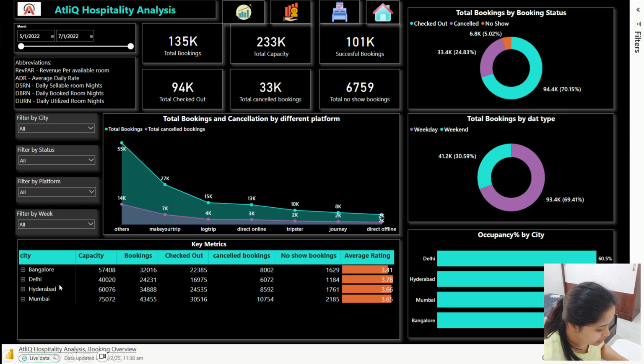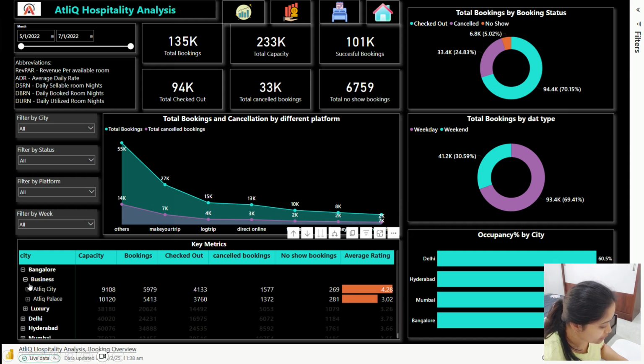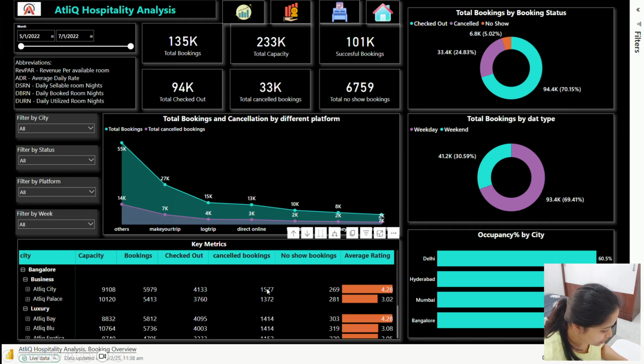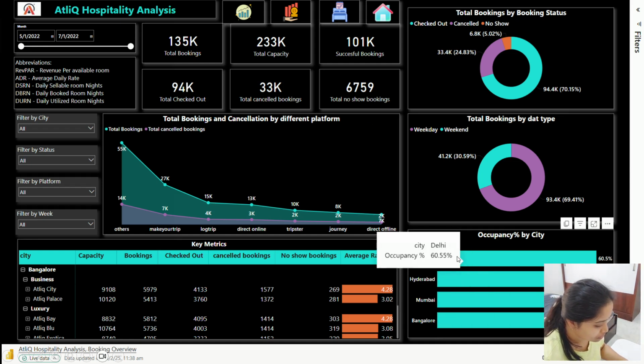We can click on the plus button before each city to expand it into different hotels in the city. And this is occupancy percentage by city. It shows Delhi is the highest and Bangalore is the lowest, so asset utilization of Delhi is the highest and Bangalore is the lowest. This is all about my dashboards.